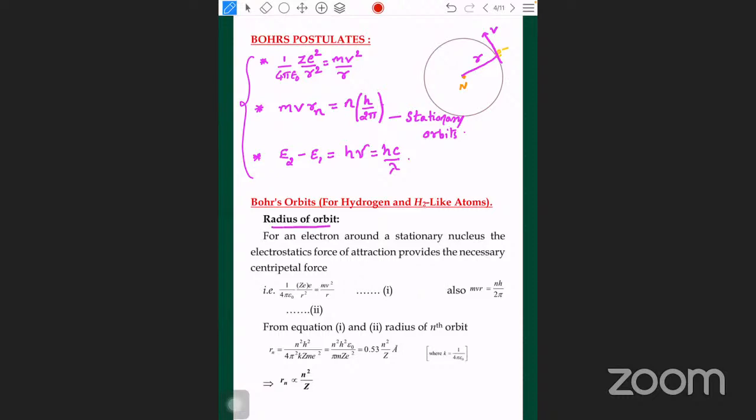So the first one, let us take, that is the radius of the orbit.